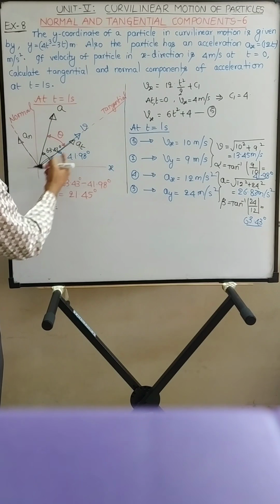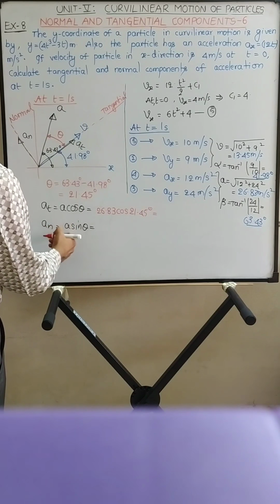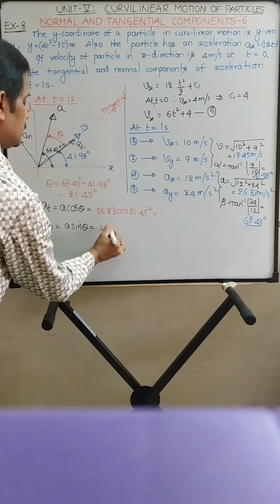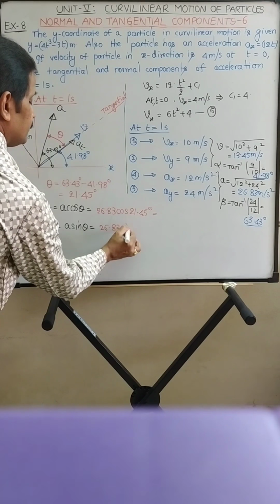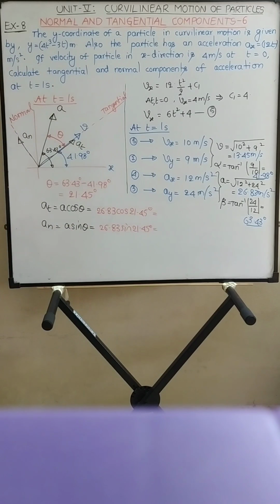So A cos theta, A is 26.83, cos 21.45, and AN, A sin theta, 26.83 sin 21.45.